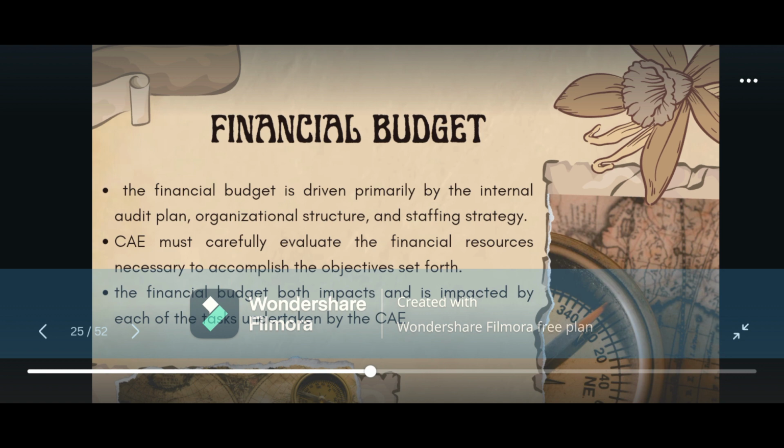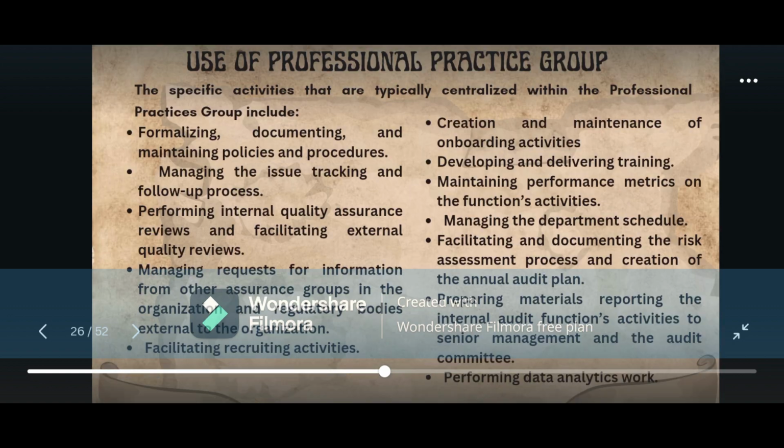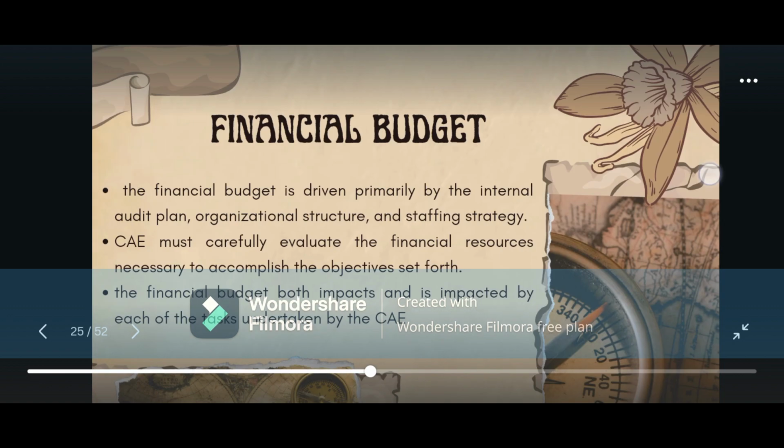The financial budget for the internal audit function is crucial as it impacts and determines the resources available for conducting audits, hiring staff, and implementing audit tools and technology.